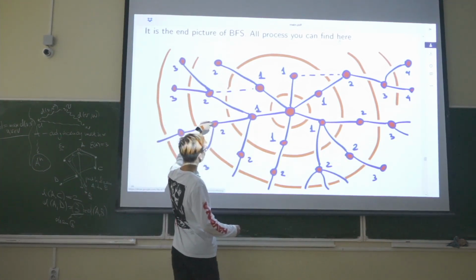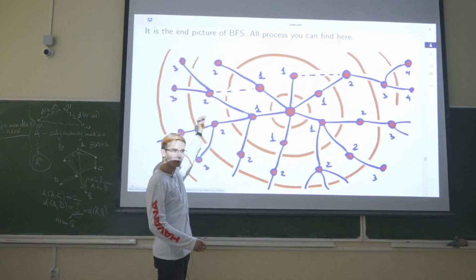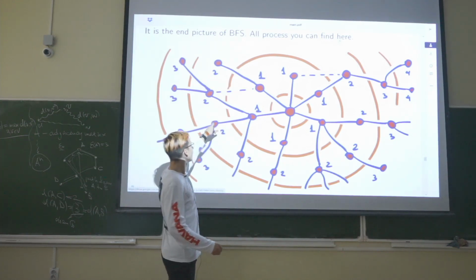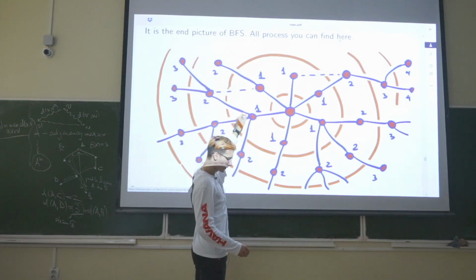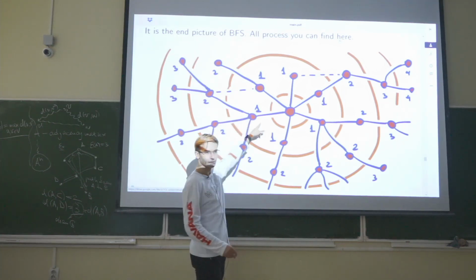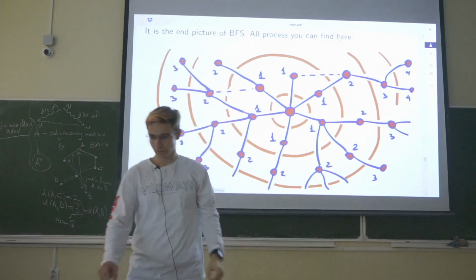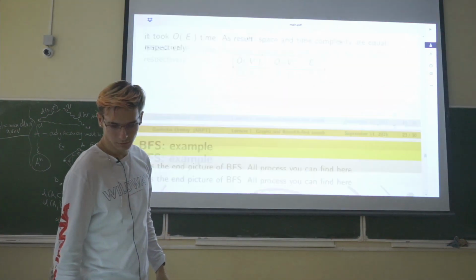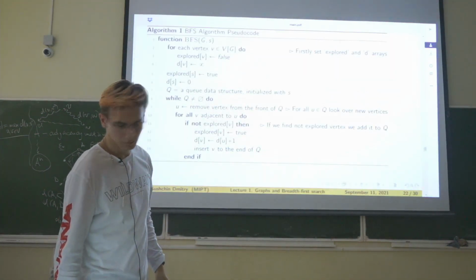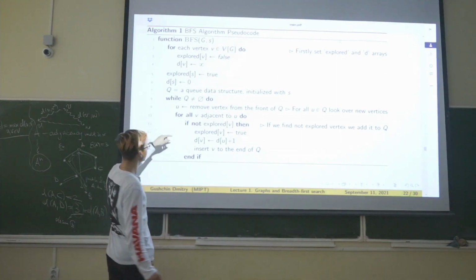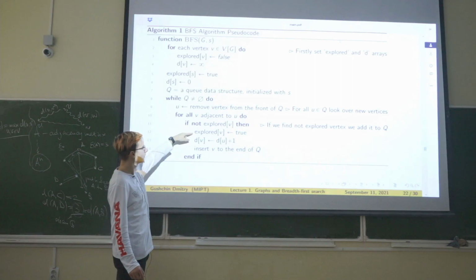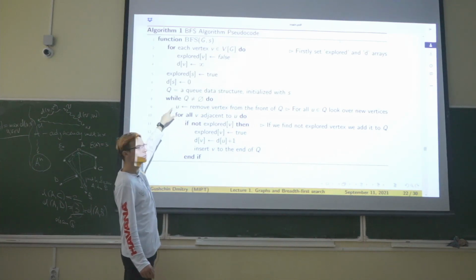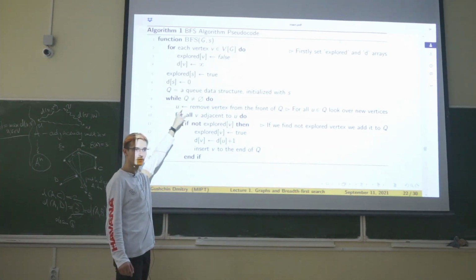When we add this vertex into the explored set, yeah, we know for what vertex it is adjacent. In row 12, we know that we remove vertex U, yeah?